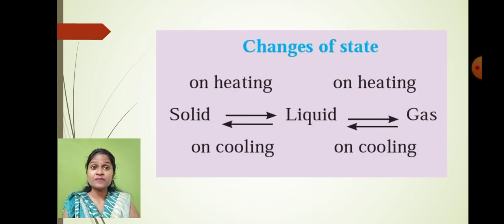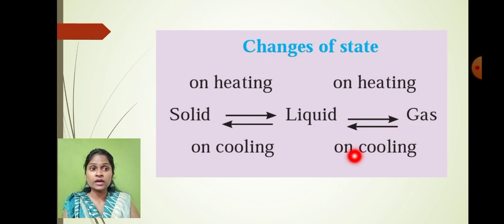And what else have we learned today? We have learned that when solid is heated, it gets converted into liquid. When liquid is heated, it gets converted into the gaseous state, and vice versa if we cool down the gas.